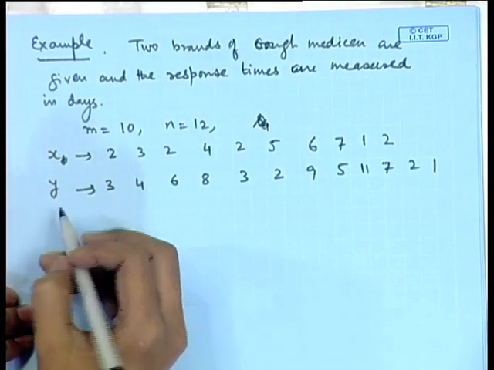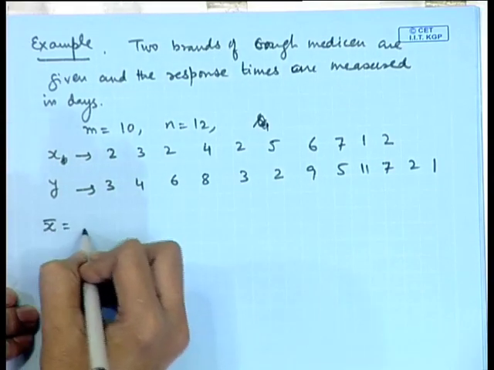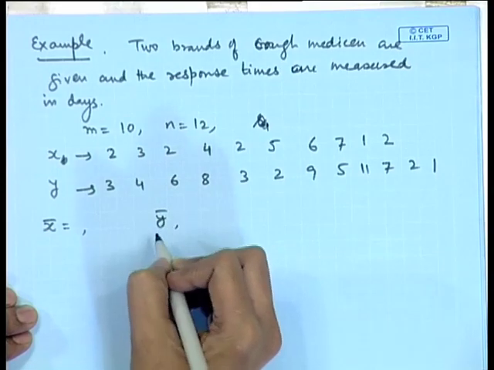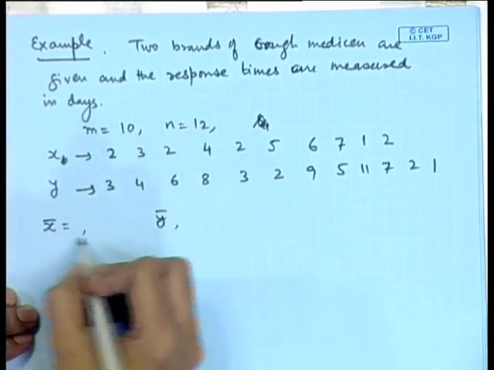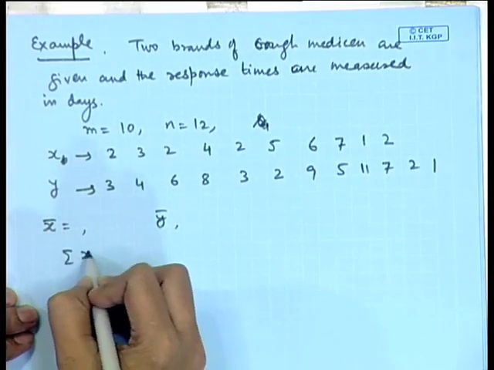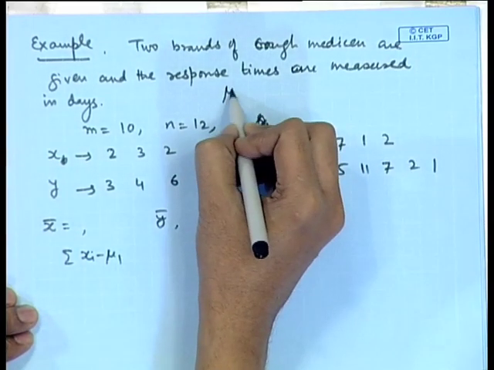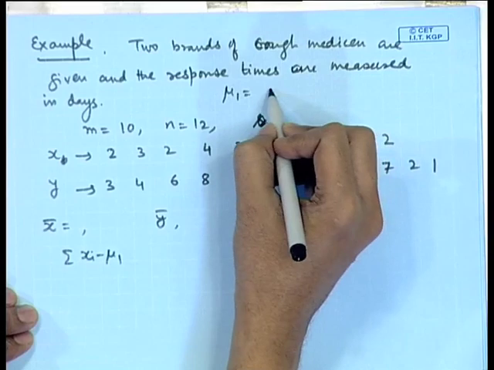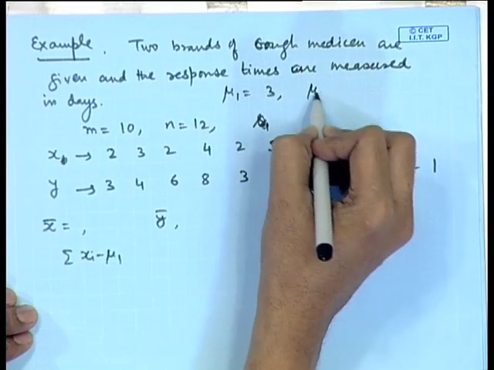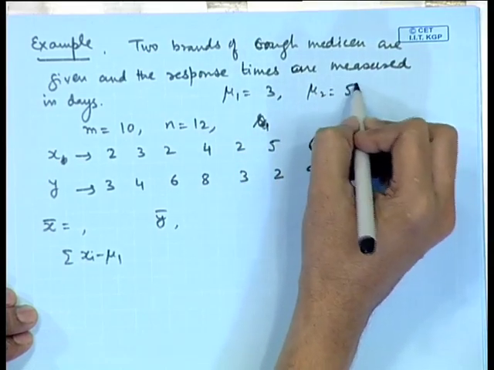Now, based on this we calculate x bar, y bar and we calculate sigma x i minus mu 1. So, it is given that mu 1 is say 3 and mu 2 is equal to 5.